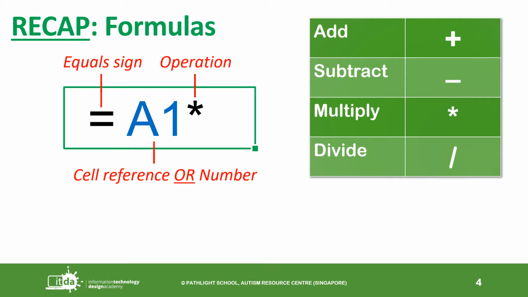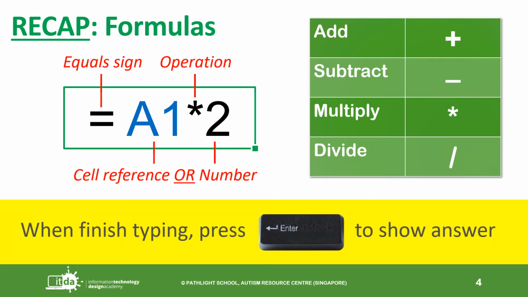It could either be a plus sign to add, a minus sign to subtract, an asterisk to multiply, or a slash to divide. And of course, after the operation, you should have another cell reference or number. Once you have finished typing your formula, we learned that we need to press the enter button to show the answer that we get. So that's very simple.